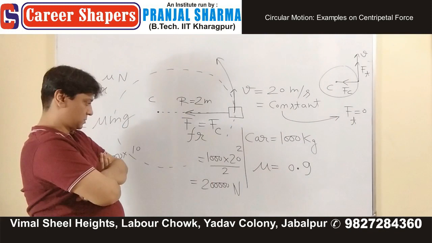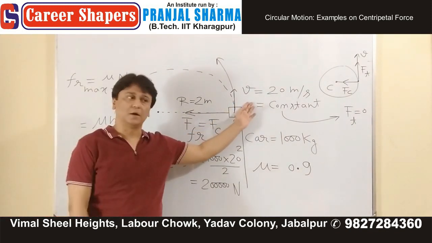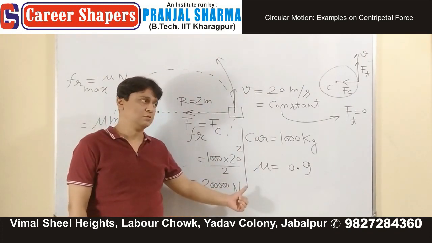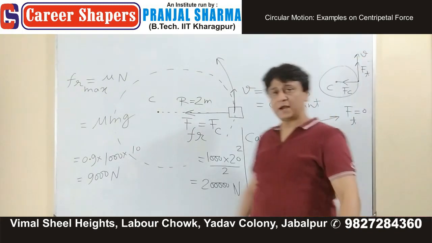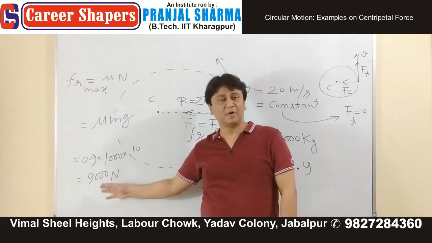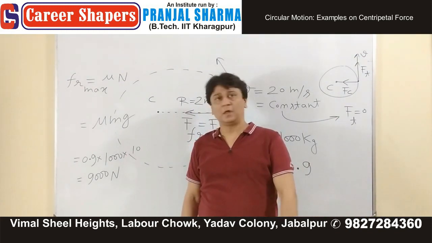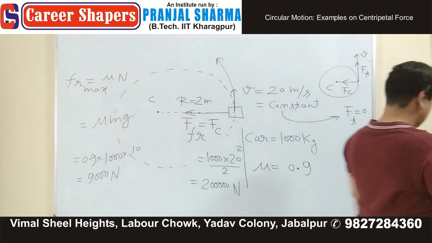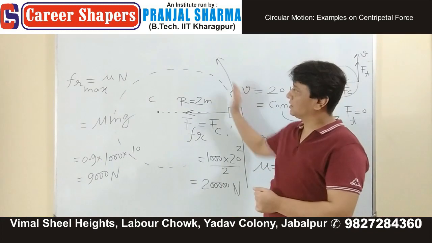But for the given data, the requirement of centripetal force is 200,000, whereas the maximum friction can provide is 9,000, and therefore this car cannot complete the circular turn.